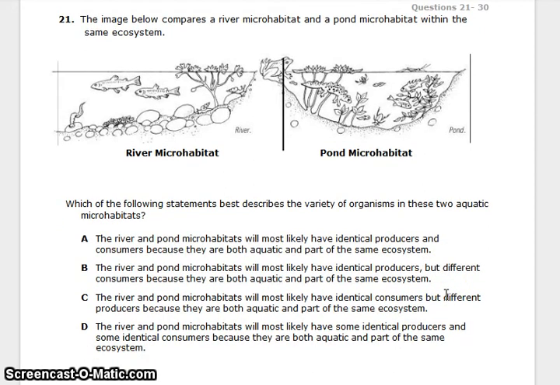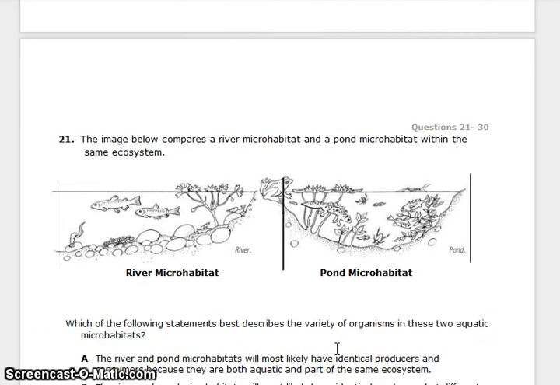B. The river and pond microhabitat will most likely have identical producers but different consumers because they are both aquatic and part of the same ecosystem. C. The river and pond microhabitat will most likely have identical consumers but different producers because they are both aquatic and part of the same ecosystem. D. The river and pond microhabitat will most likely have some identical producers and some identical consumers because they are both aquatic and part of the same ecosystem.